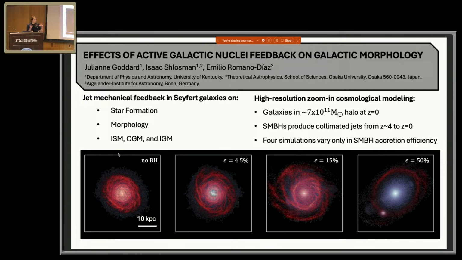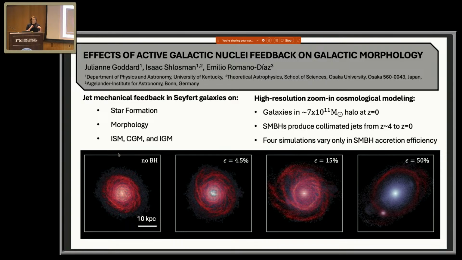We have one fiducial model where we don't seed a supermassive black hole at all, and then we have 3 AGN models where we vary only a parameter associated with the accretion efficiency. Here are these 4 galaxies at z equals 0, face-on projection.